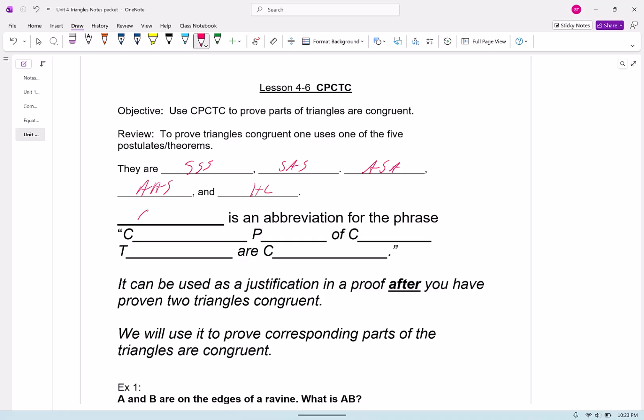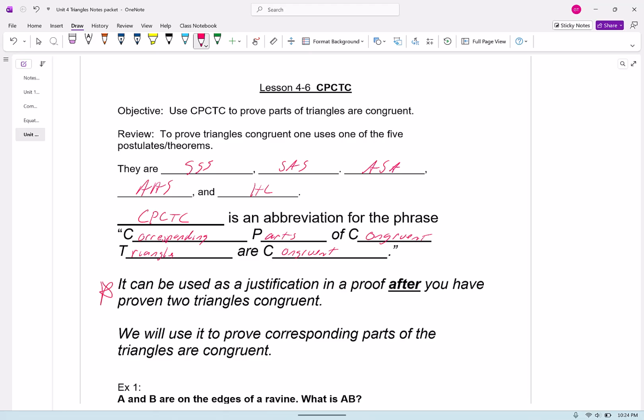Okay, so we have an abbreviation, CPCTC. What this stands for is corresponding parts of congruent triangles are congruent. This is a justification that two things are congruent.